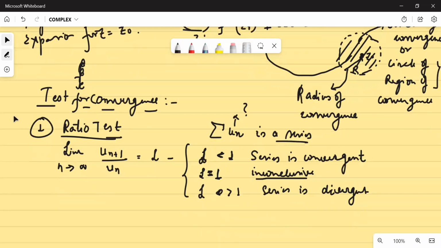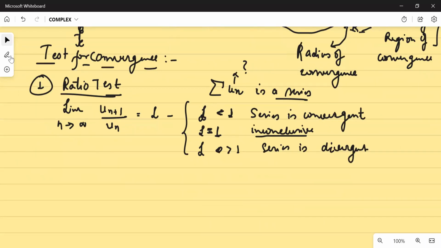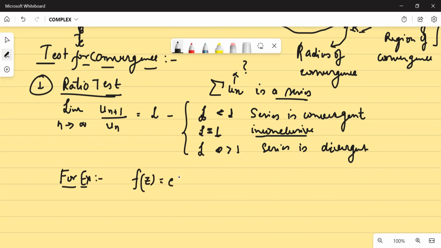Okay, so let's take an example. For example, let us take the function f(z) is equal to e raised to power z. The most standard example. We know this particular function is an entire function.